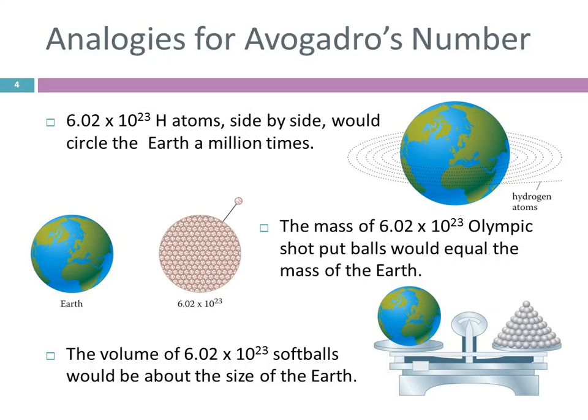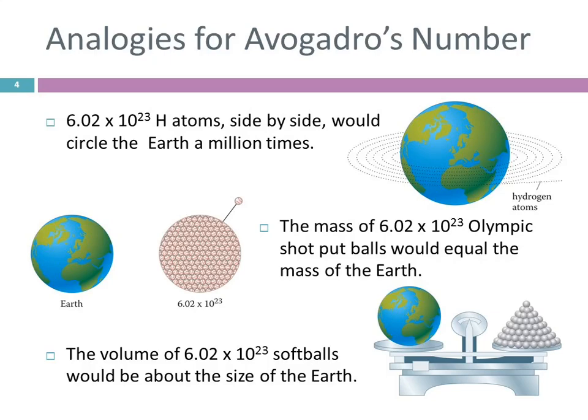If you had Avogadro's number of Olympic shot put balls, the mass of them would equal the mass of the Earth. Now, Olympic shot put balls are heavy, but does anybody know how much they are? Are they 16 pounds? I'm not sure. About 8 pounds? So they're heavy, and yet they're not ginormous.